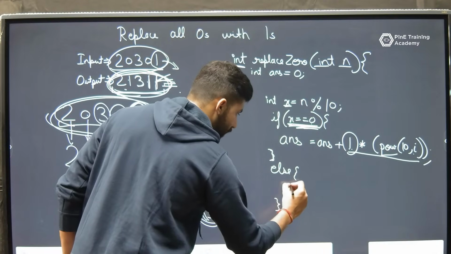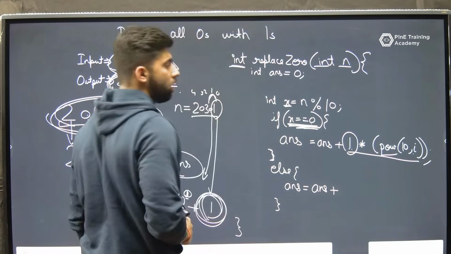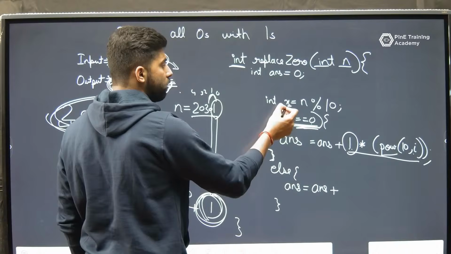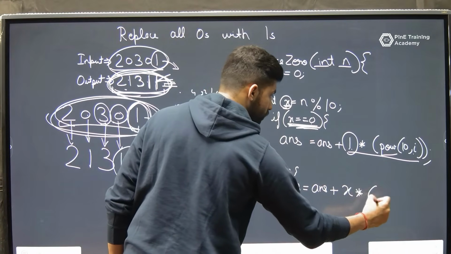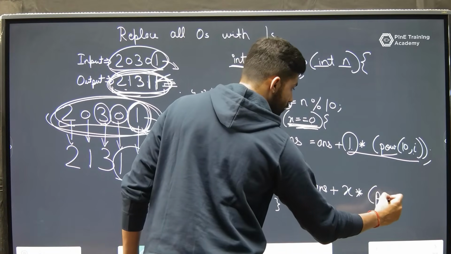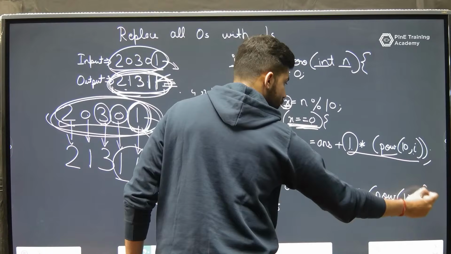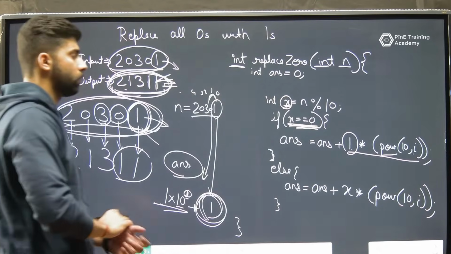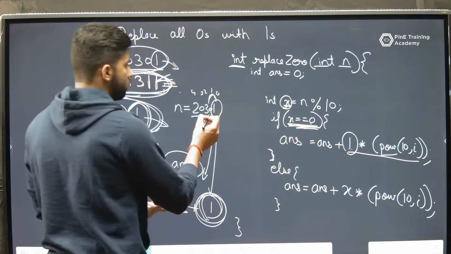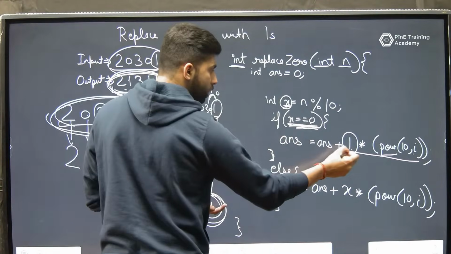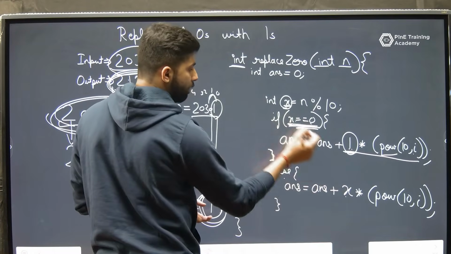So same line, but I will use the exact number which I got. So if the number is 0, I will change it to 1. If the number is not 0, I will use the exact same number.